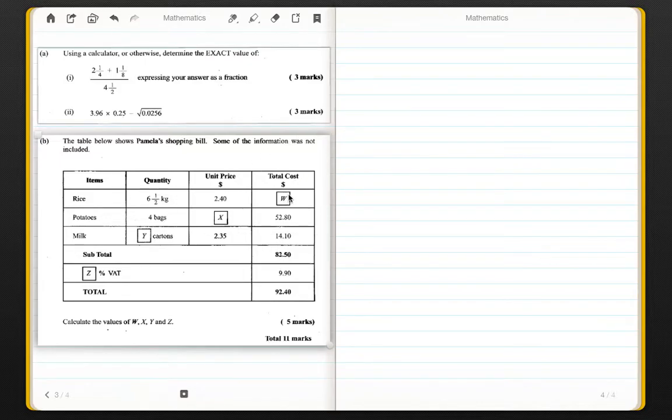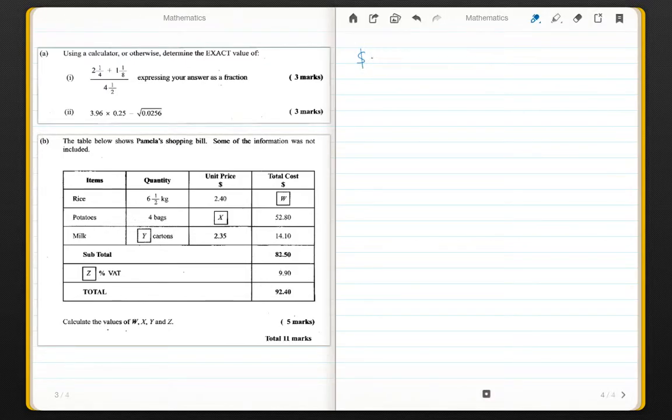So if I want to know the total cost, I will simply multiply the 2.40 times 6.5 kg, and that will give me W, which is equal to $15.60.